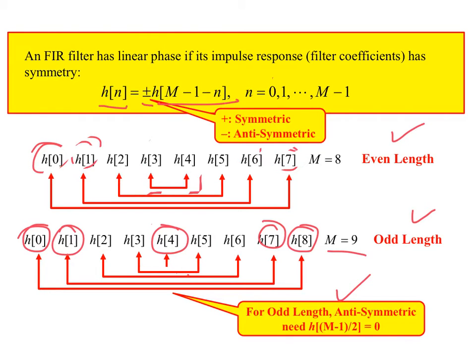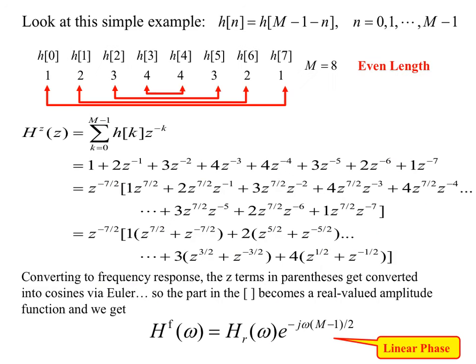And so the only way to get something equal to its negative is to have that something be 0. So what that says is that for an odd length anti-symmetric case, this middle value here must be equal to 0 in order to have the anti-symmetry that we're talking about here. So that's something to keep in mind as we go through these further results.